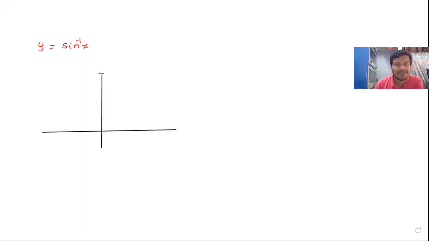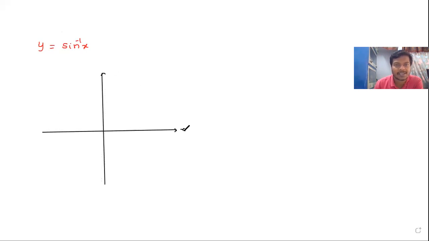Now we are going to discuss the graph of y equals sine inverse of x. We know the graph of sine x first. That is a wavy curve, right?